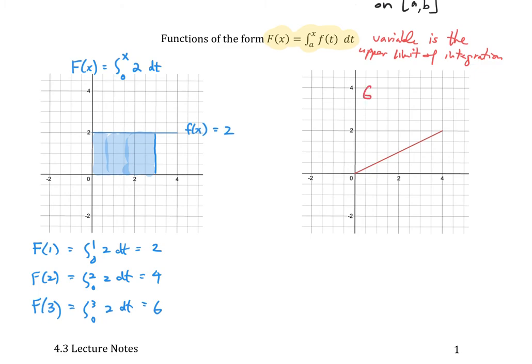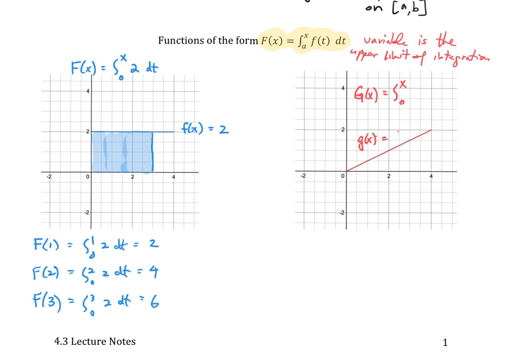So g of x is going to be equal to the integral from 0 to x. And when I look at this function, it is a line, right? This is going to be small g of x equal to 1/2 x. How do I know it's 1/2 x? When I look at the slope of this line, the slope is equal to 1/2.